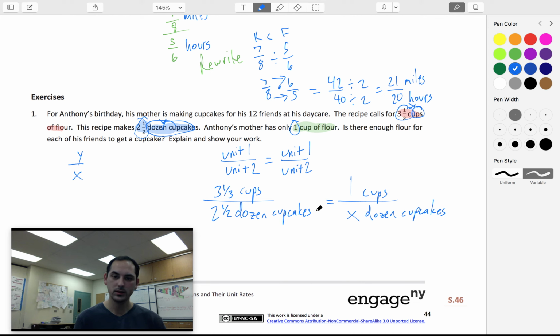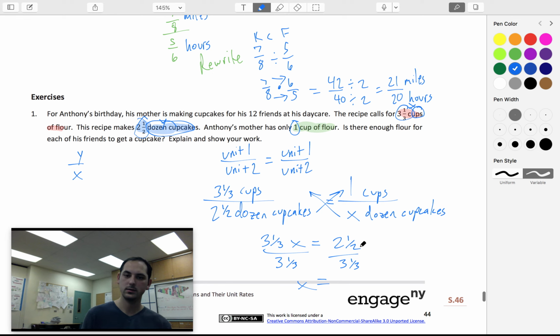So we can cross multiply, and we'll find out that 3 1/3 x is equal to 2 1/2, and divide by 3 1/3, and this gives me x and something else, right? So whatever this is, we got to work this out.